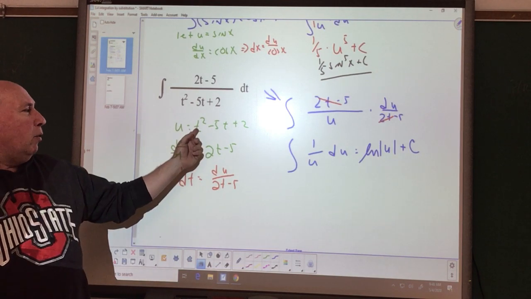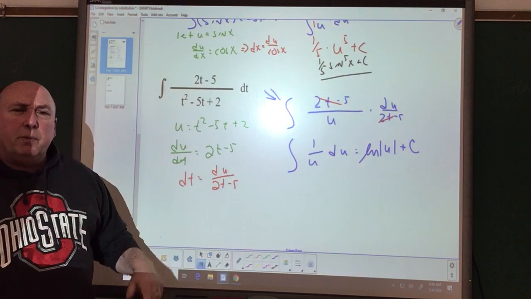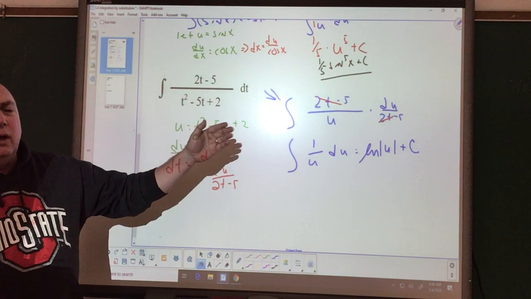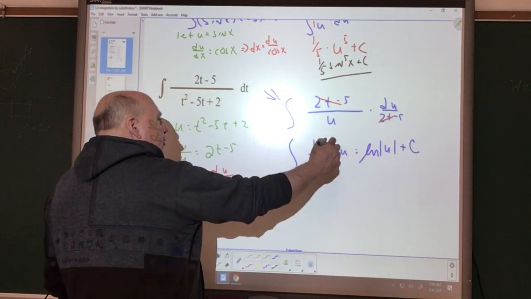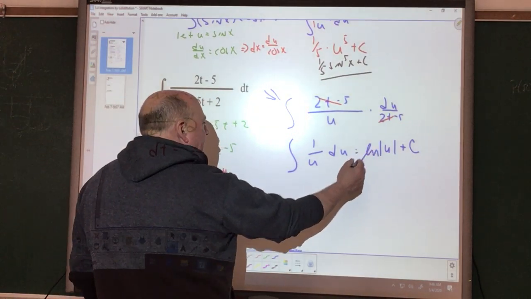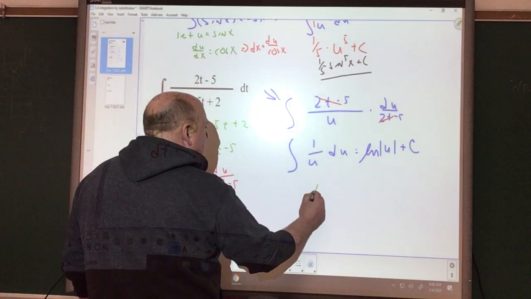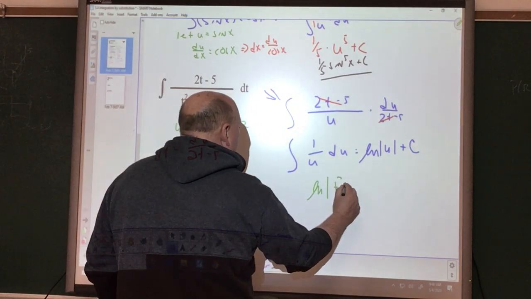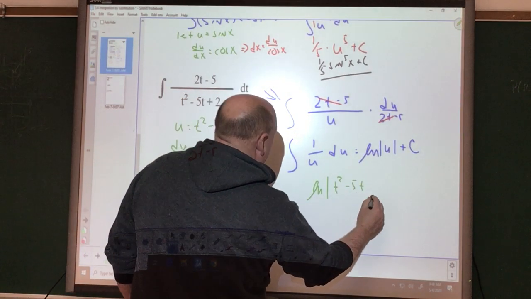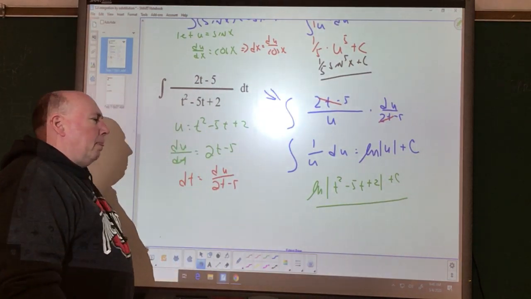If I have a value of 1, I have 1 minus 5 plus 2, that gives me a negative 2. So we have a problem. So we have the antiderivative as natural log absolute value of u plus c. And then once again, back substituting, we have natural log of t squared minus 5t plus 2 plus the value of c.